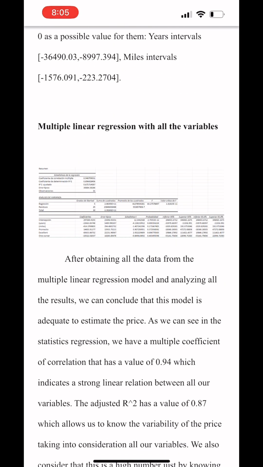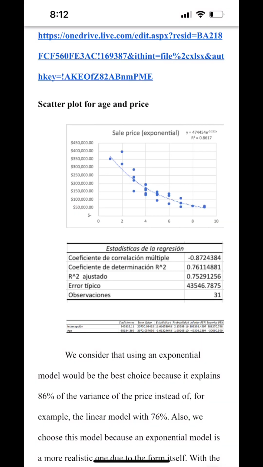We first made a graph comparing one independent variable, which was in one case the age and in the other case the mileage, against the price. In the scatter plot of age and price, we got a coefficient of determination of 75% of variation in the price explained by age, which we considered sufficient given the fact that we were trying to reach 100% of variance percentage.